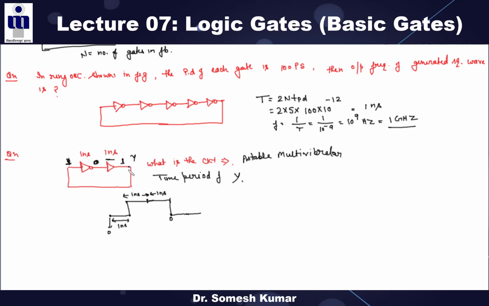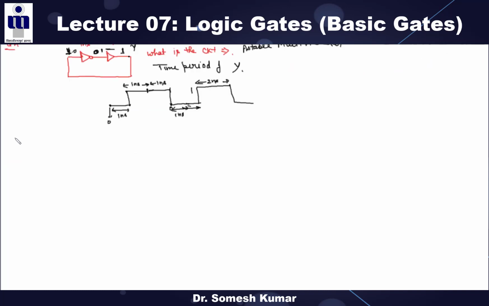So if it becomes 0, then it becomes 1 after 1 nanosecond, and after that it remains 1 for 2 nanoseconds, like this. So the time period you can easily find out. What is the time period? 3 nanoseconds, right? So this type of question can be asked in your exam, right?